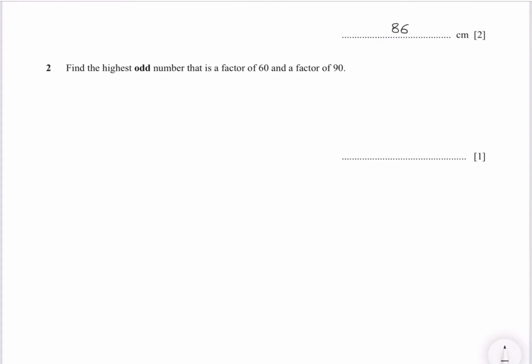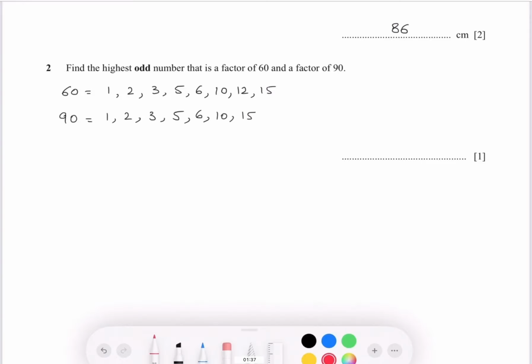In question number 2, find the highest odd number that is a factor of 60 and a factor of 90. So the factors of 60 are 1, 2, 3, 5, 6, 10, 12 and 15, and the factors of 90 are 1, 2, 3, 5, 6, 10, 15.